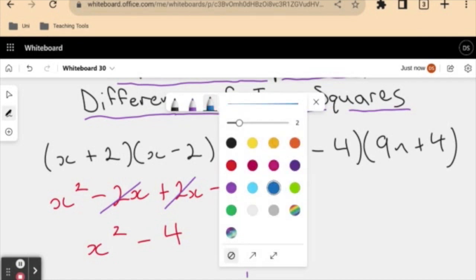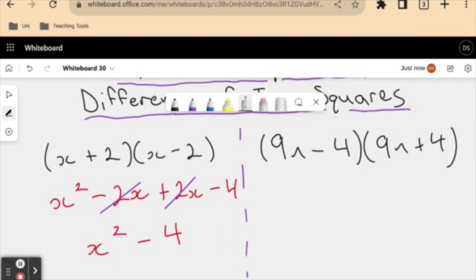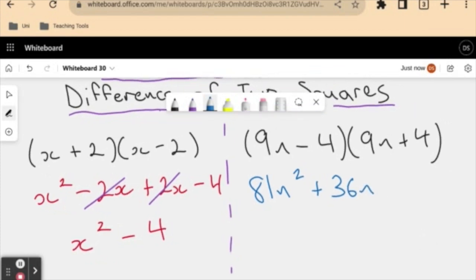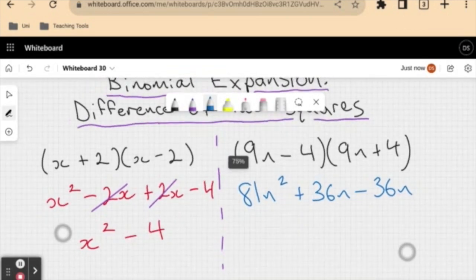Okay, cool. Let's try our second example. So we have here, first our 9n's will multiply together, and that should give us 81n squared. And 9n multiplied by positive 4 will give us positive 36n. And negative 4 multiplied by 9n will give us negative 36n. And let's zoom out a little bit.